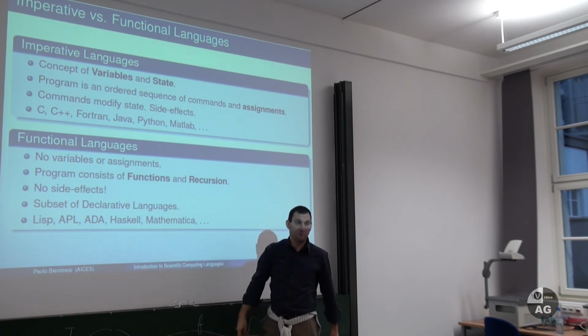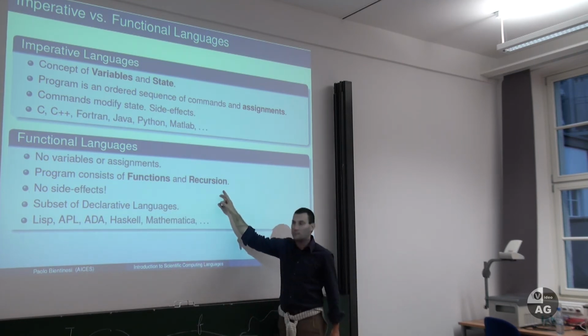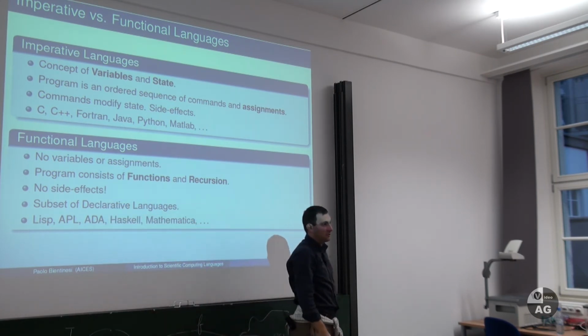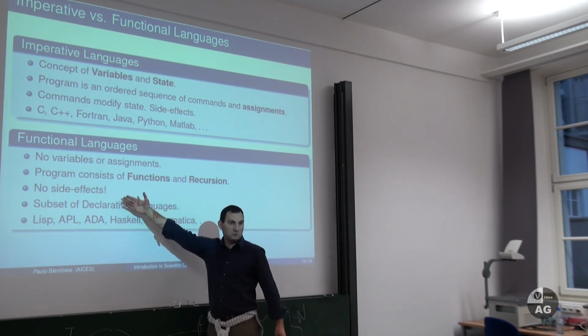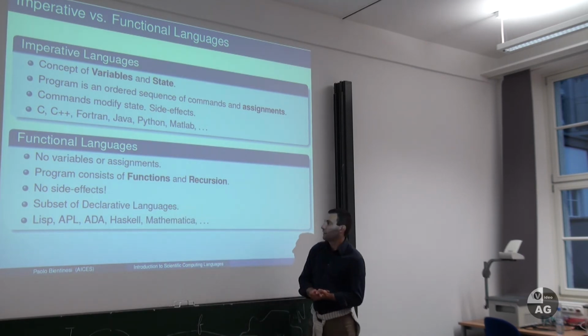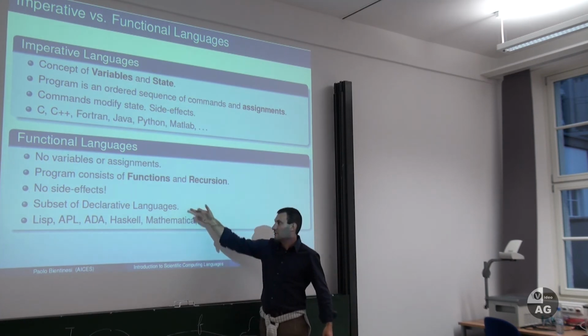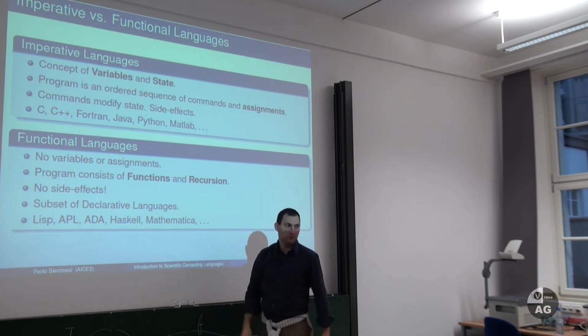Instead you have mathematical functions, and you have lots and lots of recursion. Really cool. In pure functional languages, you do not have side effects. This is not true anymore, but let's leave it like this. It's a subset of the larger set of declarative languages, and these are our functional languages.